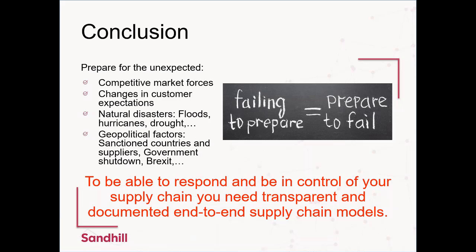You might not have prepared for those specifically, but if generally you can add resilience into your supply chain, then you're in a better position to continue delivering. And of course there can be other factors, from sanctioned countries, government shutdowns, Brexit, and so on. They can all be unexpected disruptions.